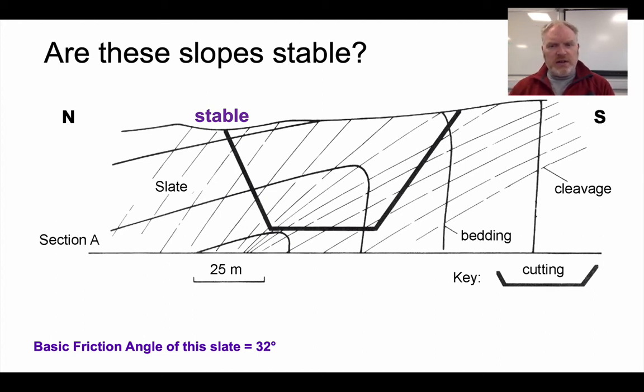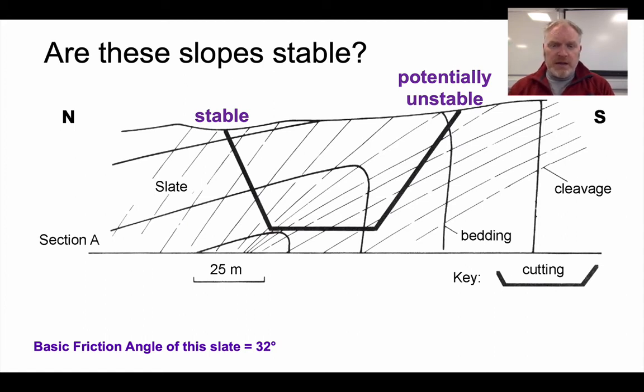On the south side, though, the dip of the cleavage is clearly coming out of the slope. If we measure the dip here, we get the dip to be about 30 to 32 degrees. So the south side of this slope is potentially unstable. It might be a little bit too close to the basic friction angle to be reassuringly safe.